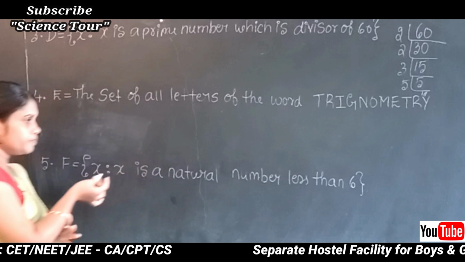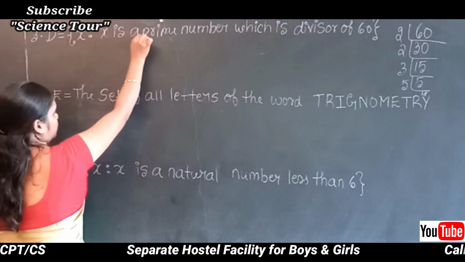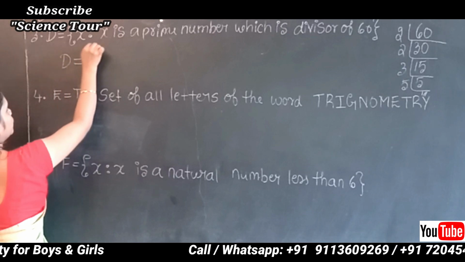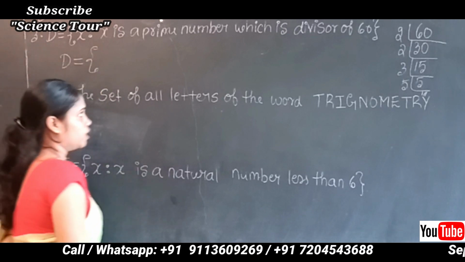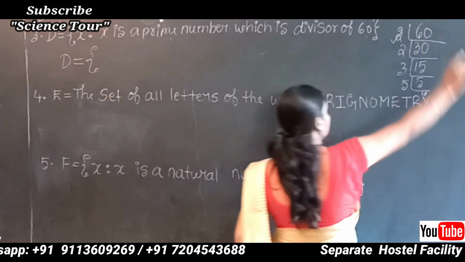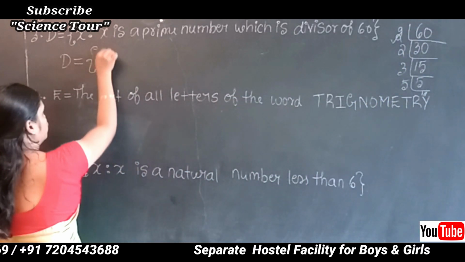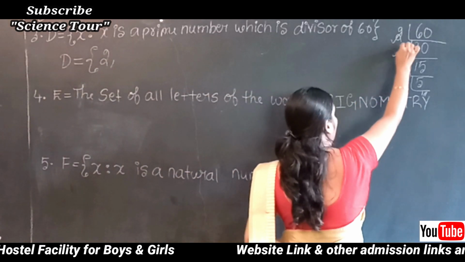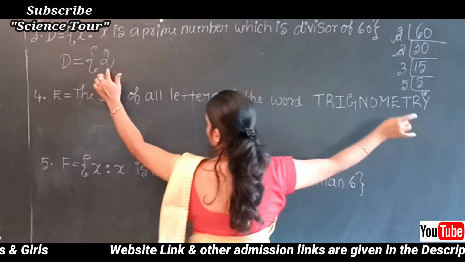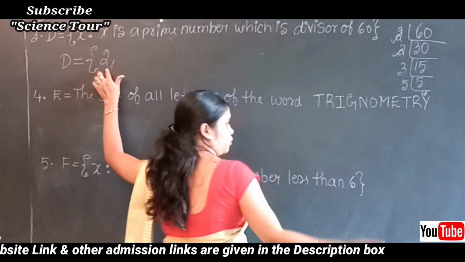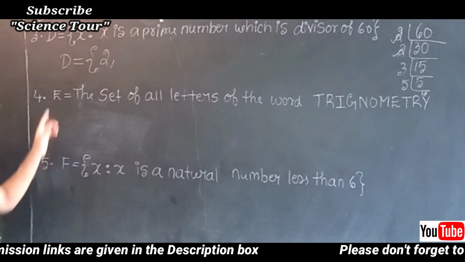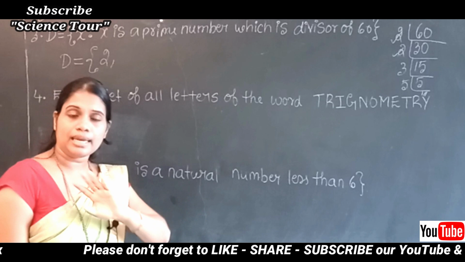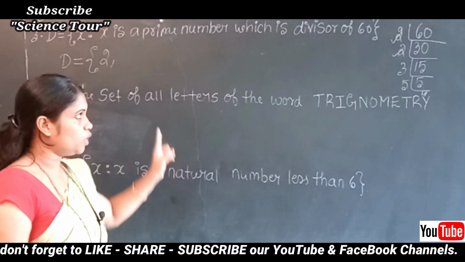Now how to write the tabular form of this set? D is equal to, what is the first prime factor here? 2, so write this 2. Next, what is one more prime factor? That is 2, but we have already written 2 here. One more thing you have to remember: in a set the elements will never repeat. Only once you have to write.